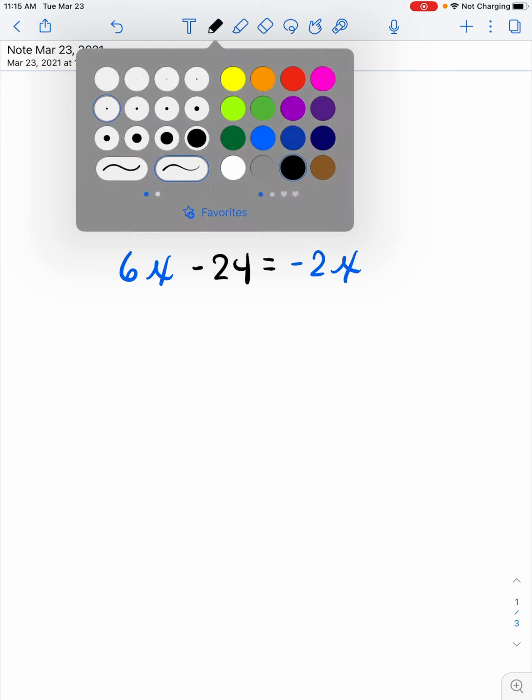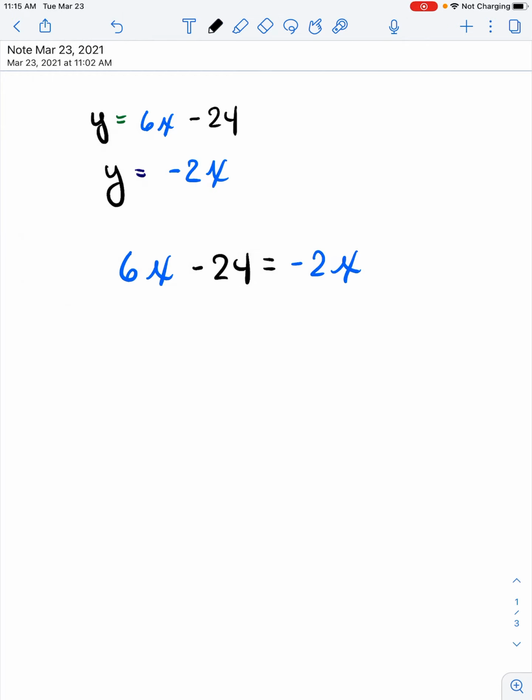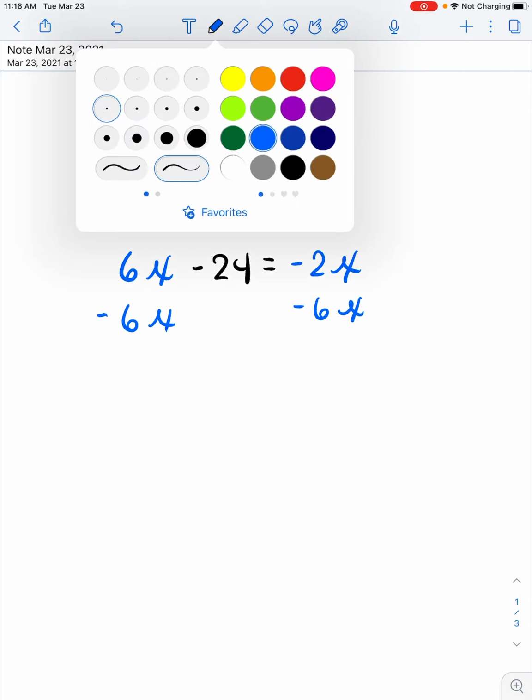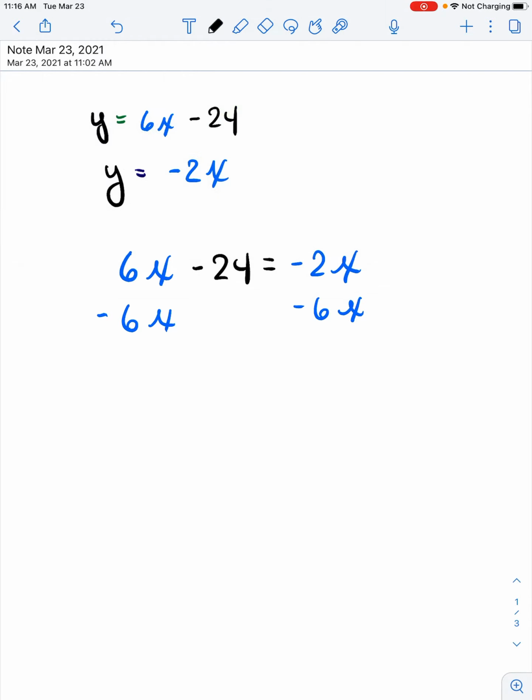I'm going to add a negative 6x to both sides. Okay, why? Because I want to collect my variable on one side of the equation.